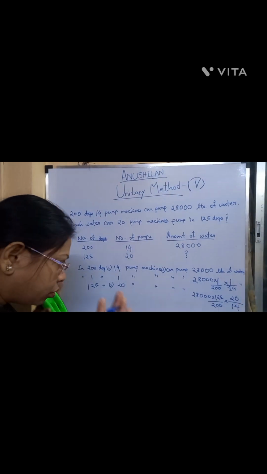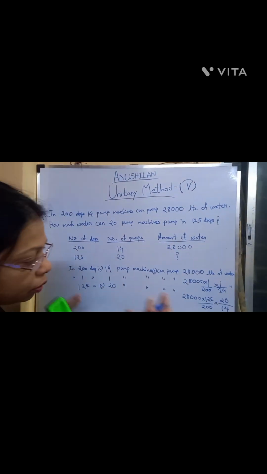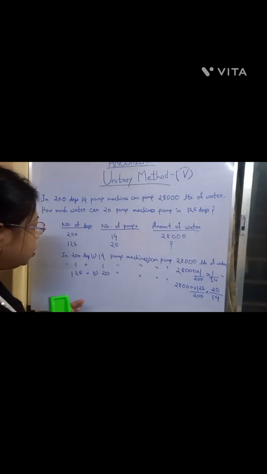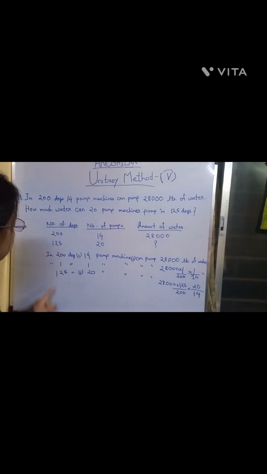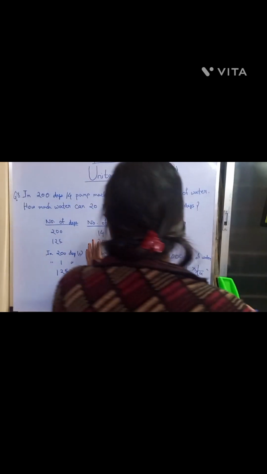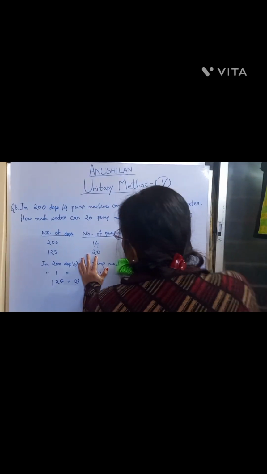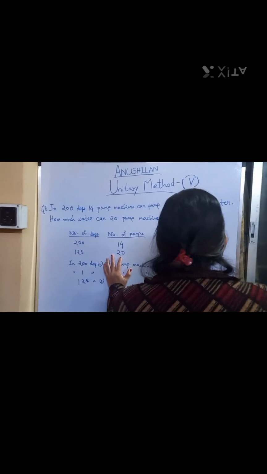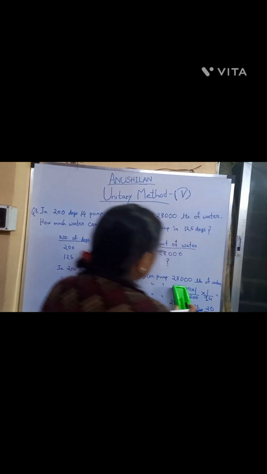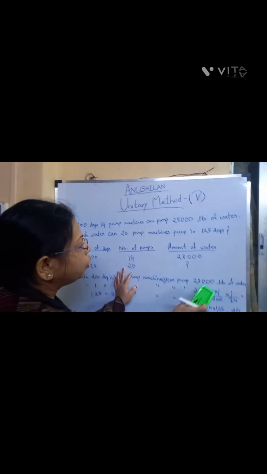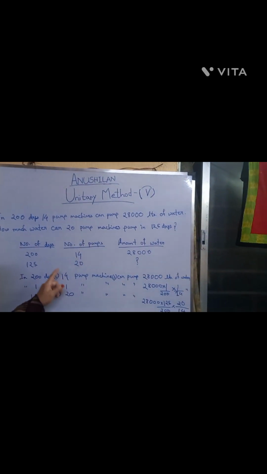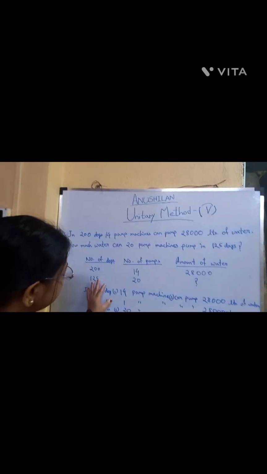Don't forget what is the number of parameters here. Don't be confused. Just make a relation. When you take the number of days, just forget about the number of pumps. In 200 days, the amount of water is 28,000 liter. When you take this parameter, just forget about it.